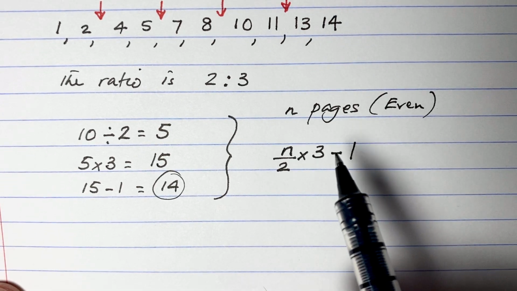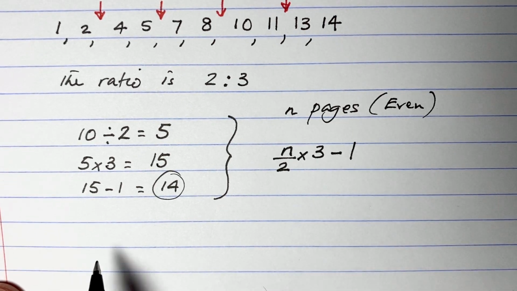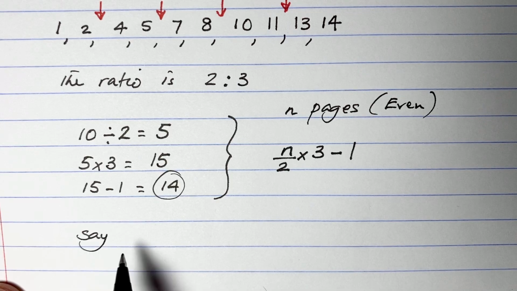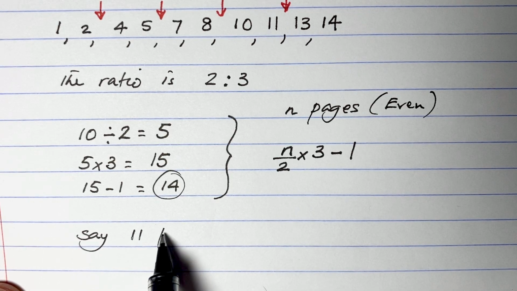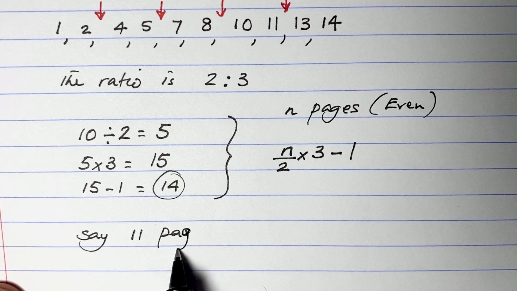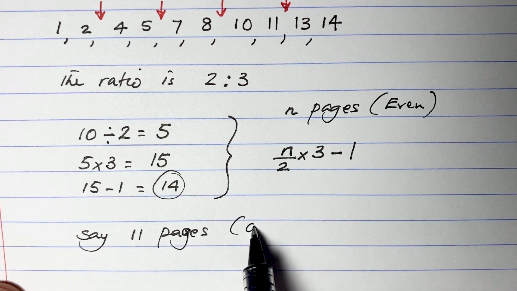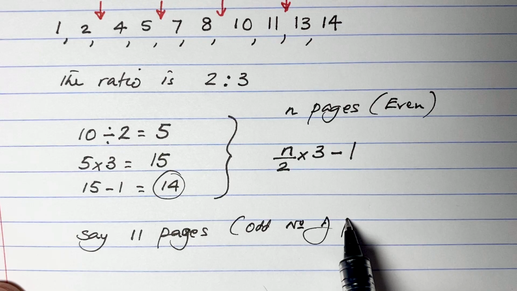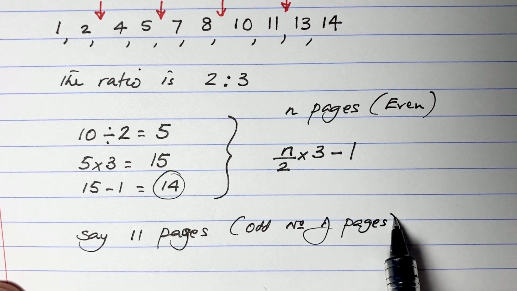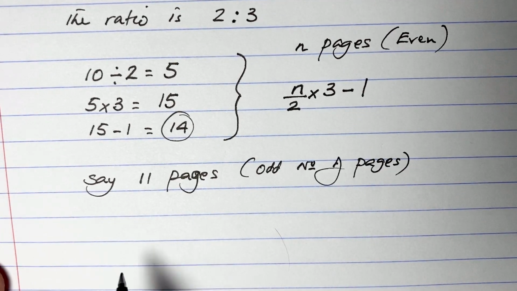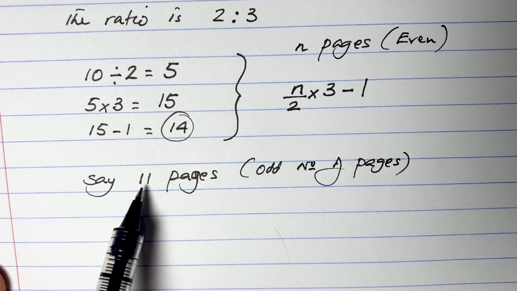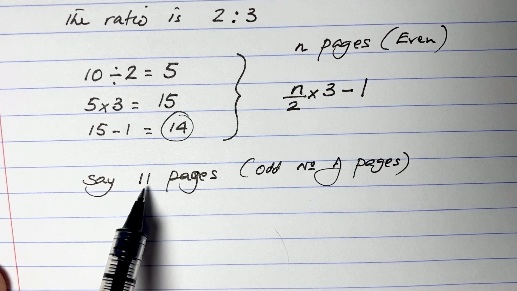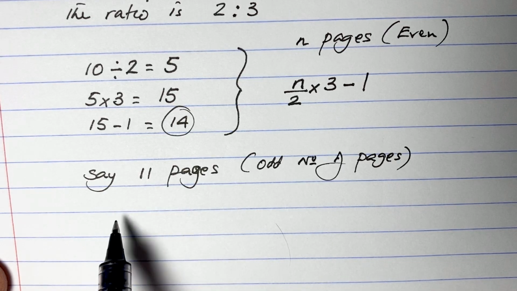Now let's have 11 pages, an odd number of pages. Since 11 is an odd number, I use the previous even number before 11, so that would be 10.